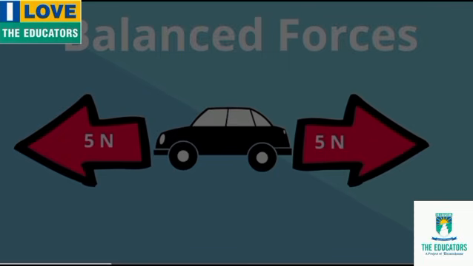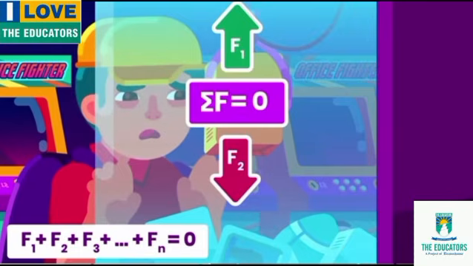Now understand the explanation. A body is in balanced form, or in equilibrium, when the net force acting on that body is equal to 0. If a number of forces like F1, F2, F3, and so on up to Fn act on the body, then the sum of all those forces should also be equal to 0.